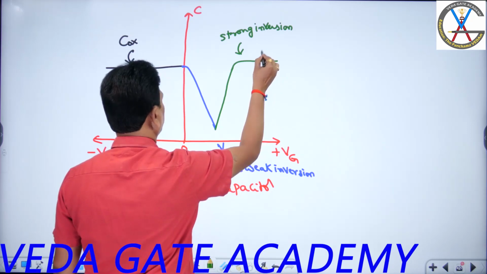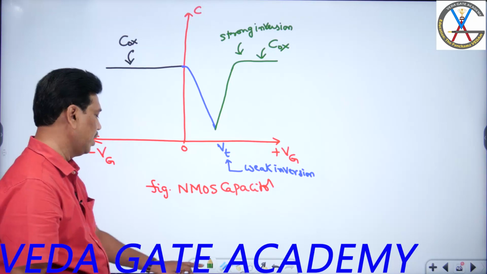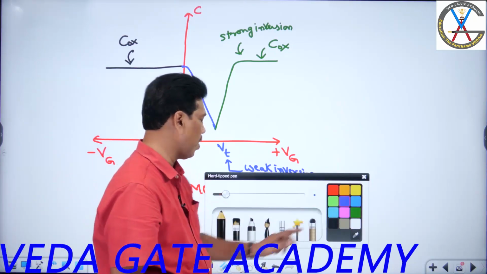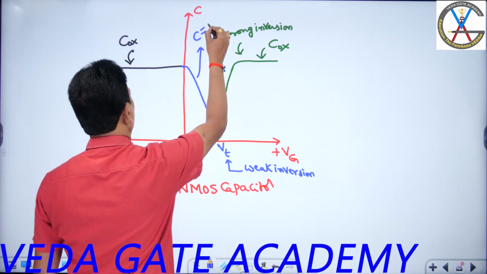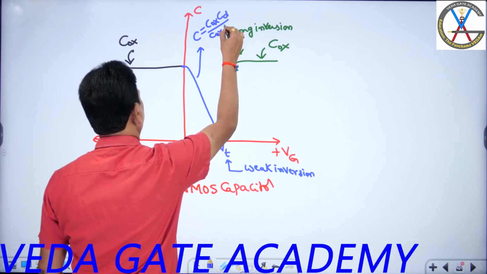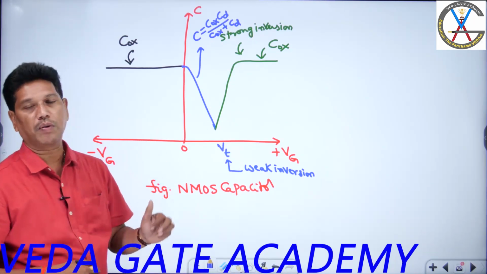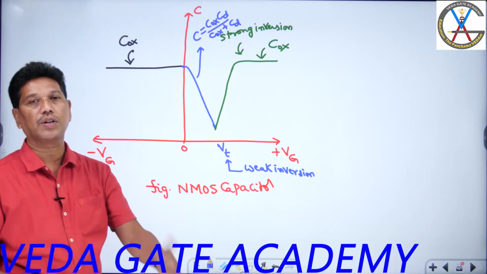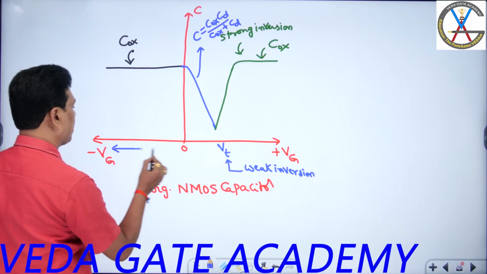Here again the capacitance is considered by COX. Confirm, students. And in this area, the capacitance is considered by C equal to COX CD by COX plus CD, no? Confirm now? This is where the capacitance decreases, considered by both the oxidation region and the barrier. This area is called accumulation, students.